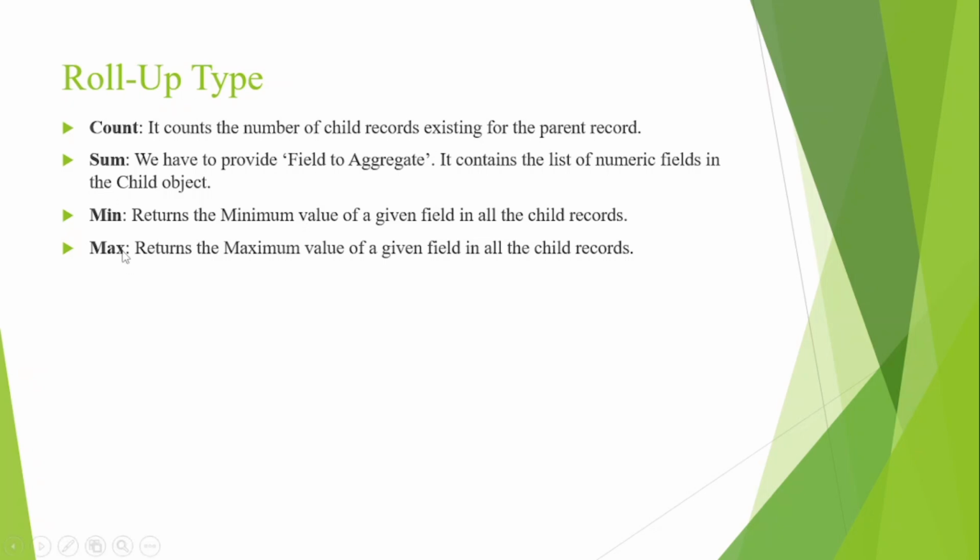Max is for maximum; it returns the maximum value of a given field in all the child records. So if there are a number of child records and I want to know the maximum value, in that case we use the max function.